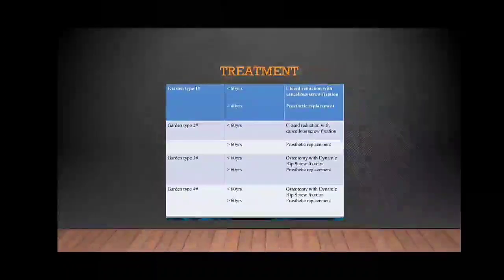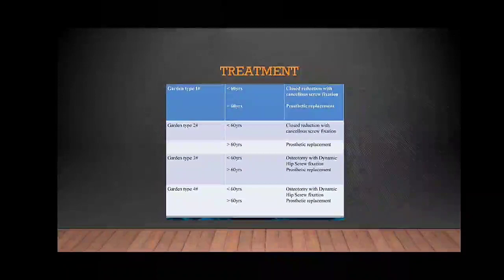Treatment would depend upon the classification. So if it is Garden's type 1, that is valgus impacted, non-displaced, incomplete, then we define the treatment according to the age. If patient is less than 60 years, we give a chance for the bone to heal. So this healing would be with the help of osteosynthesis, which is done by closed reduction with cancellous screw fixation.